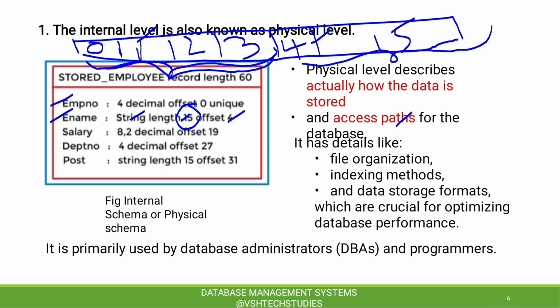That is what is length 15. Offset 4 means from byte 4 E name is stored. Then what kind of data it is? String. This is how all the columns are described. This kind of description is called as internal schema or physical schema. It is describing actually how the data is stored onto the disk.